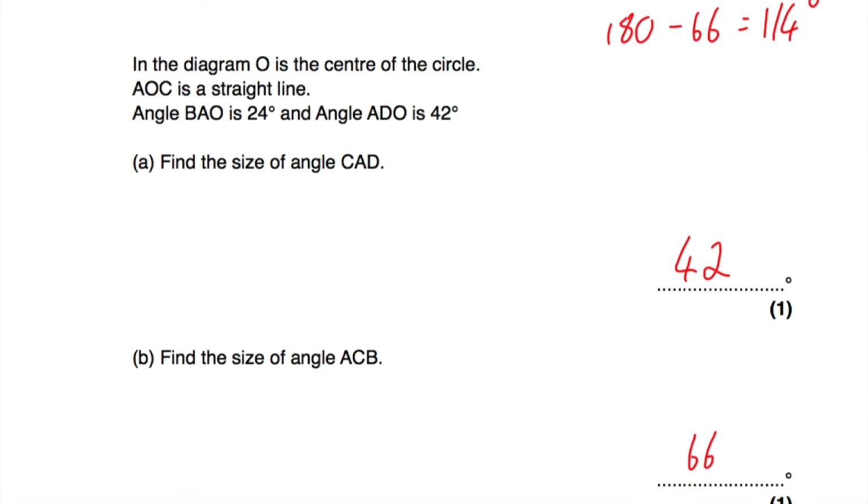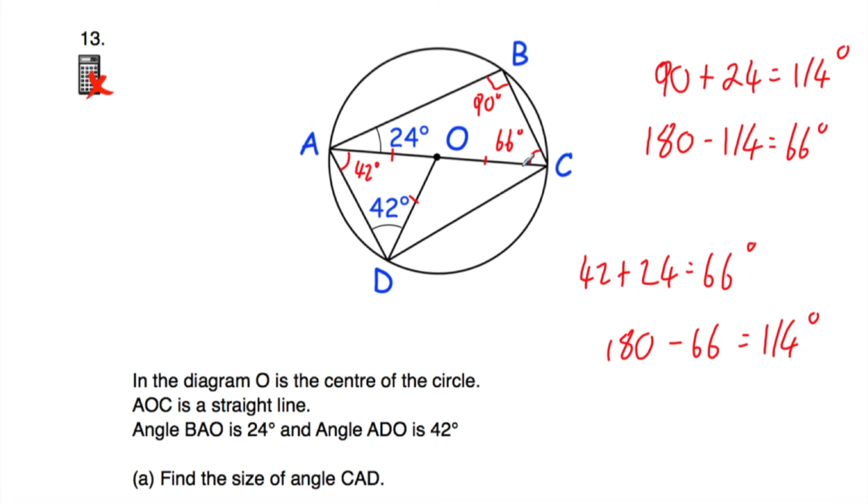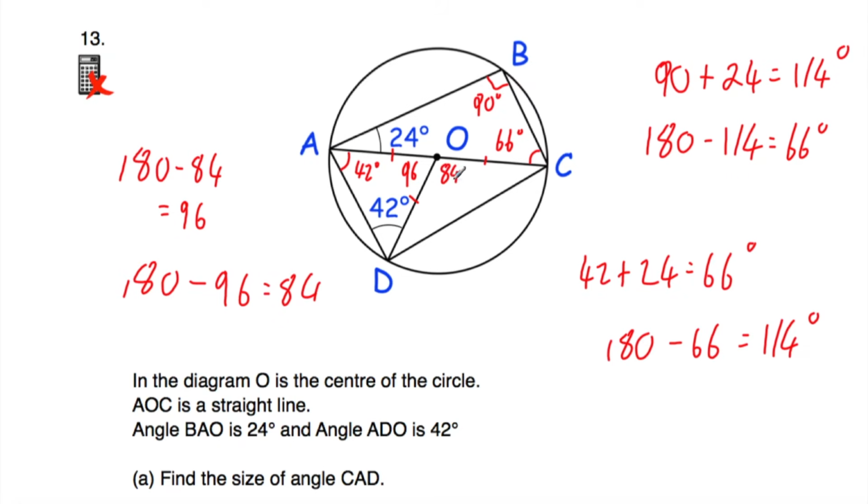And that's it. As I've said, you could have done it a different way. We could have done it by finding the size of the little angle. So this would be 84. 180 take away 84 would be equal to 96, so that's a 96 degree angle. These two make a straight line, so 180 take away 96 would be equal to 84. So this angle up here is 84 degrees.